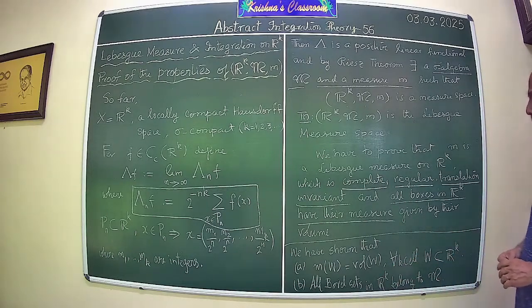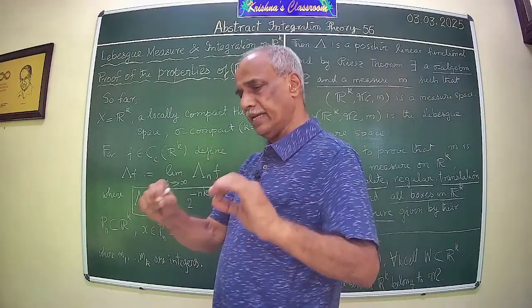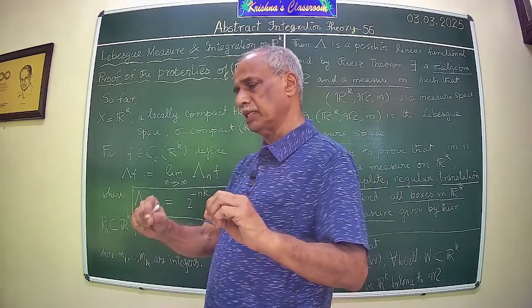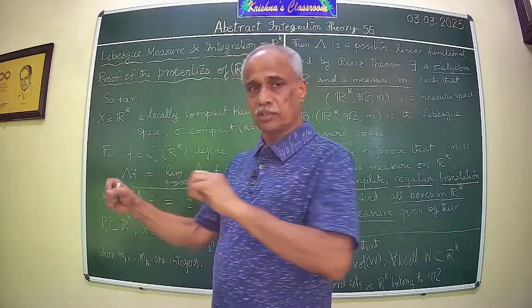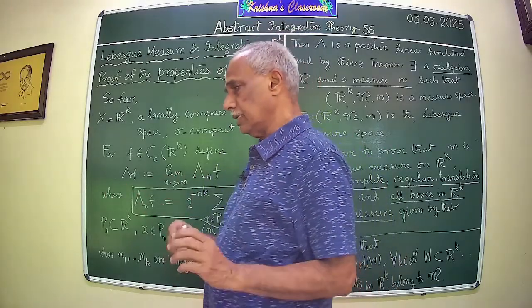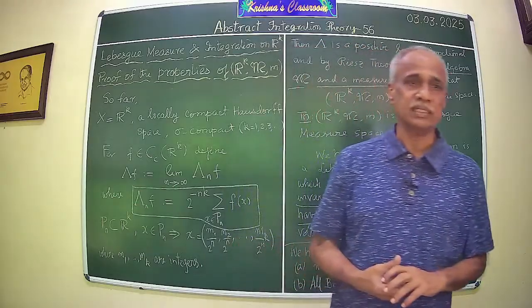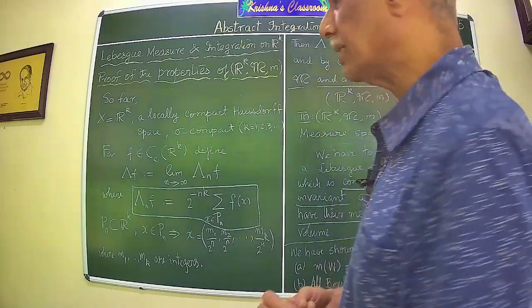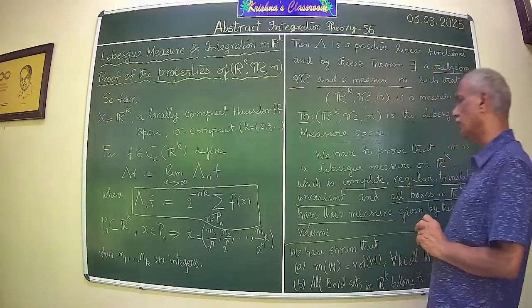The second property is that if you translate a measurable subset of the real line to the left or to the right, the resulting set also has the same measure. That means the measure is a translation invariant function.